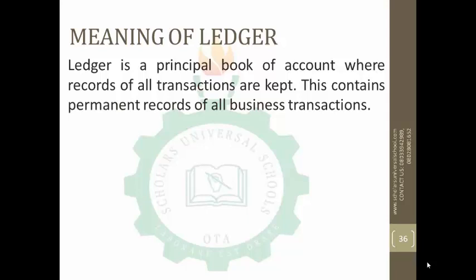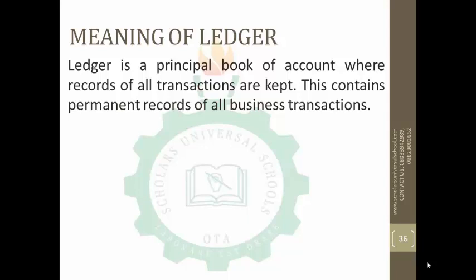So once again, I want to take the definition of ledger. We said ledger is a principal book of accounts where records of all transactions are kept. That is to say, each student has an account. The account that will contain all your accounting or financial transactions is what we call ledger.